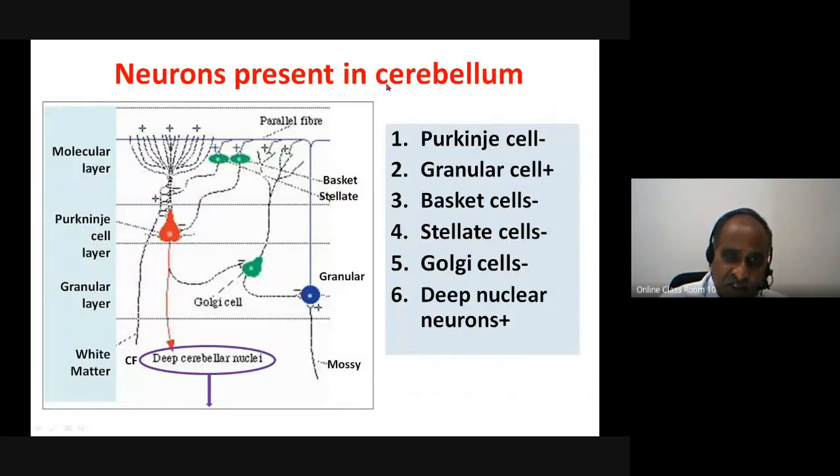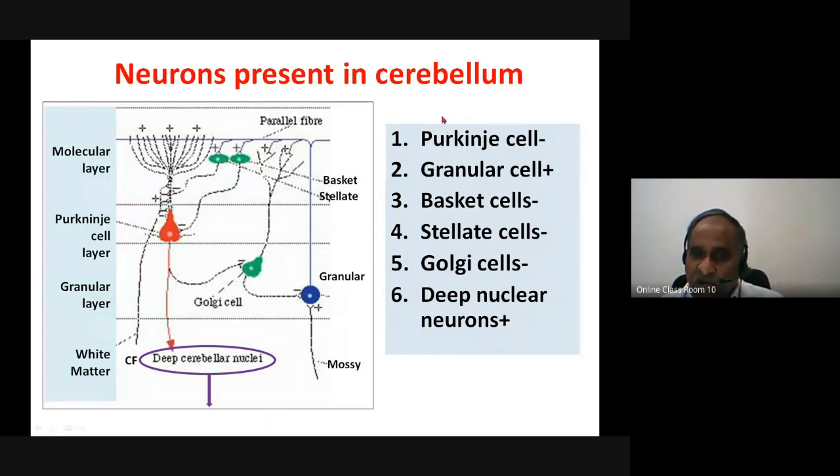I just tried to highlight for you the neurons present in the cerebellum. So we have three layers: the molecular layer, the Purkinje cell layer, and the granular layer. The molecular layer has the dendrites of the Purkinje cells and the axons of the granule cells, and in addition, the basket and the stellate cells. Then we have the Purkinje cell here in the middle, and we have the granular cells.